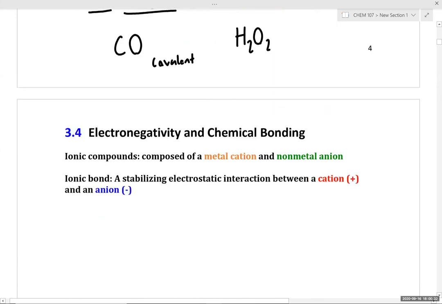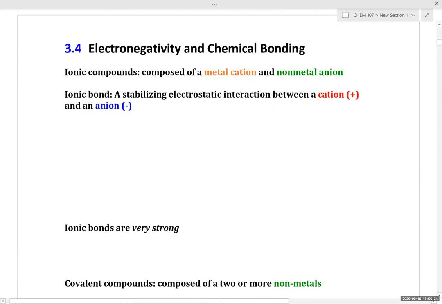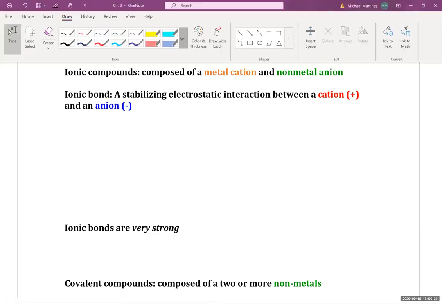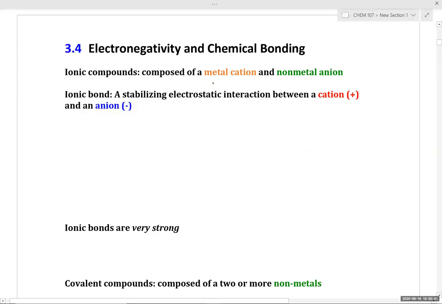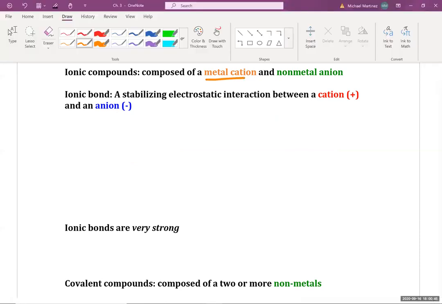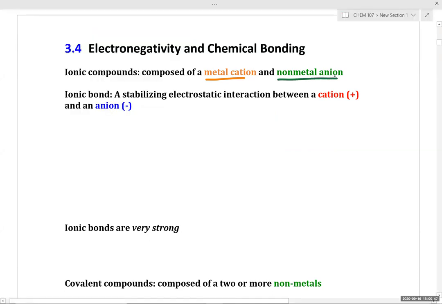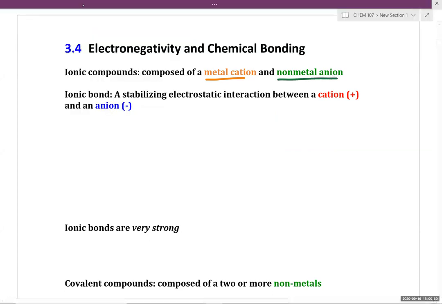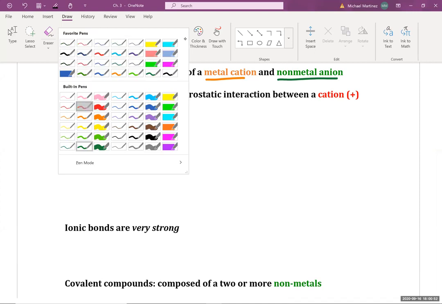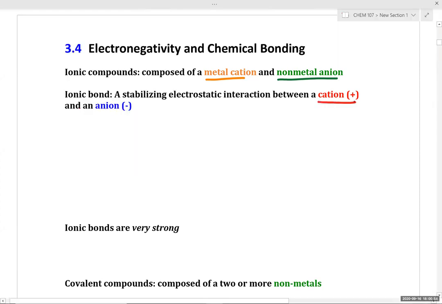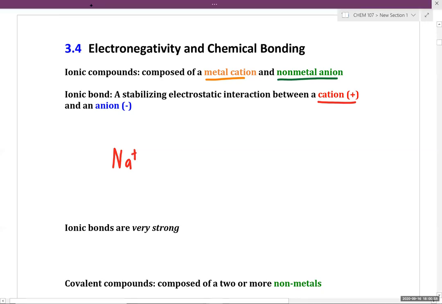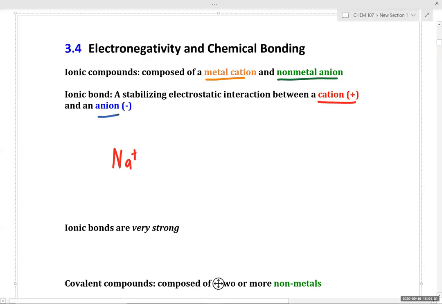So let's talk a little bit about chemical bonds here. So we know that ionic compounds consist of a metal cation and a non-metal anion. Well, an ionic bond fundamentally is a stabilizing interaction between a cation, such as, for example, sodium plus, and an anion, such as chloride minus.